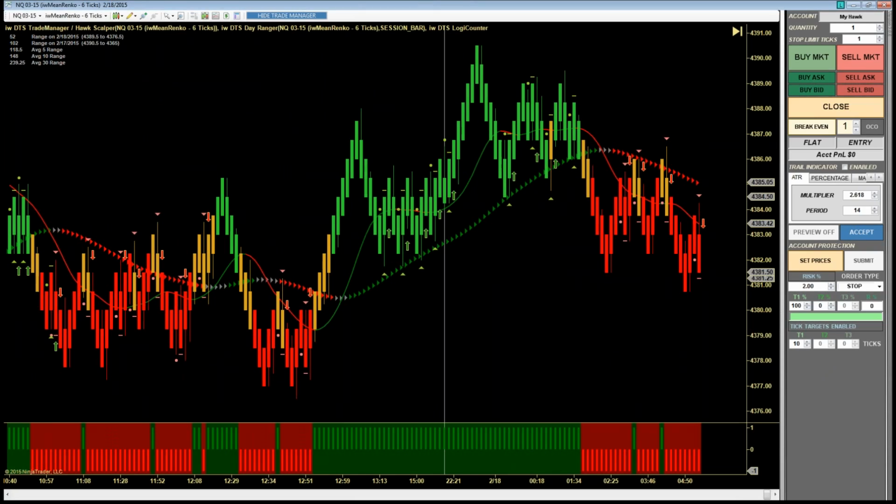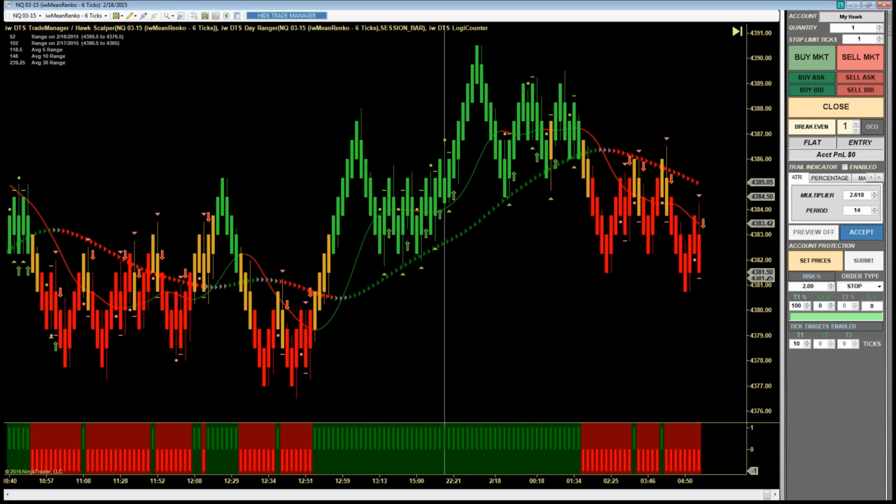Before I leave that, a big deal on DTS is confluence. Most of the time, and there are a few exceptions to this, but I'm trying to keep things simple for everyone, we're looking for confluence in the signal.